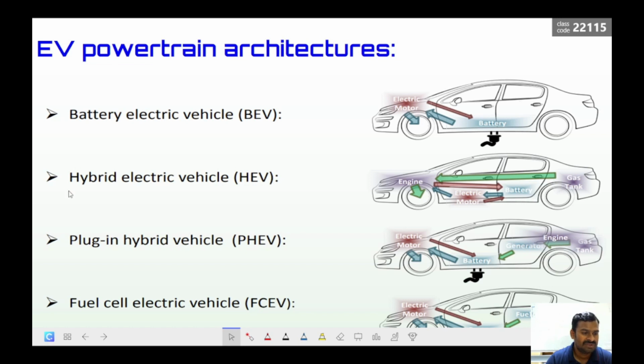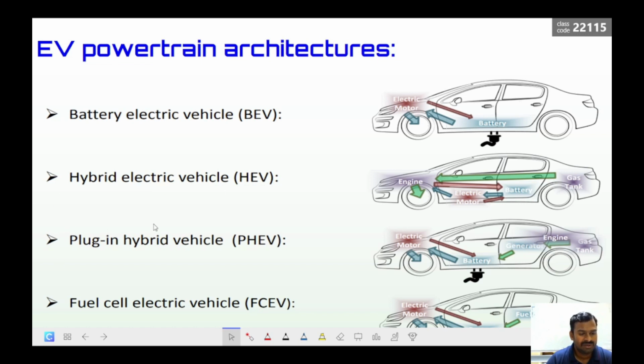But in the HEVs, mostly the engine energy is converted into electrical energy, and that electrical energy is stored in the battery. Whenever we need the battery to support the vehicle for acceleration or deceleration, only then it is used for assisting. Sometimes, if you want to run the vehicle purely on electrical power, that is also possible in the hybrid electric type.